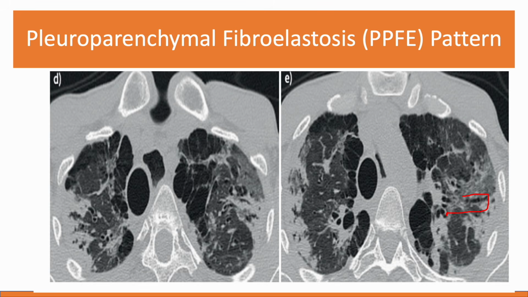So: upper lobe volume loss, fibrosis, involvement of anterior and posterior lobes, sometimes extending to the major fissures, and it may also extend to the middle and lower lobes. Now it's included as an interstitial pattern, but it will also have some component within the alveoli and within the distal airways, which is something one has to remember.